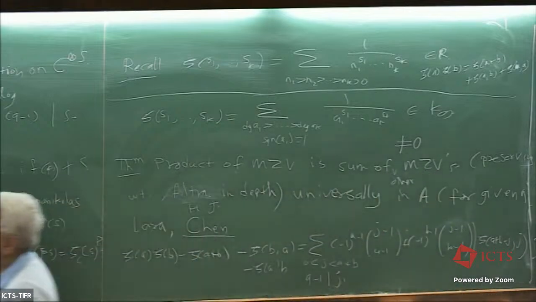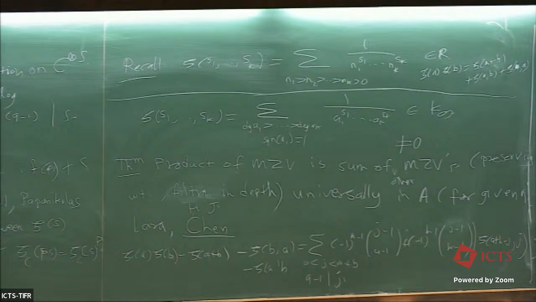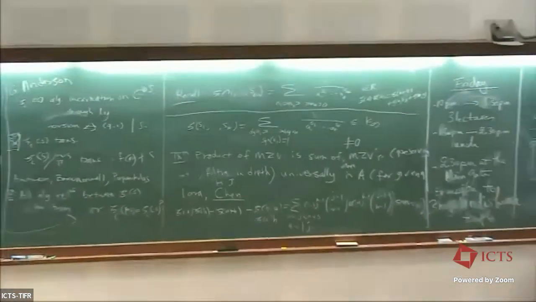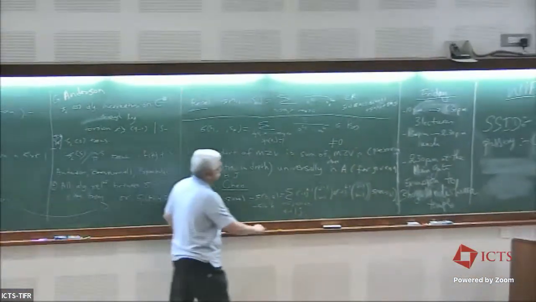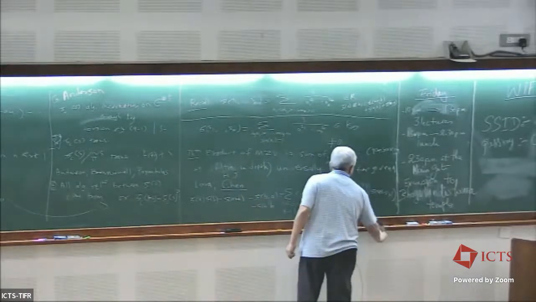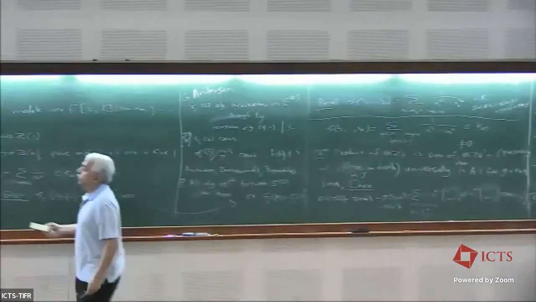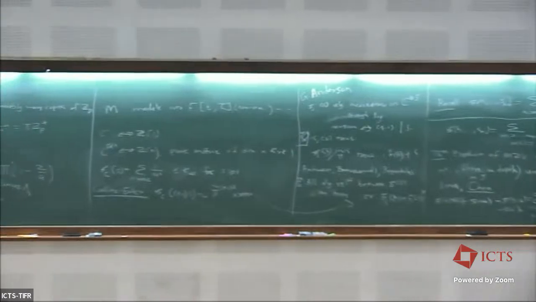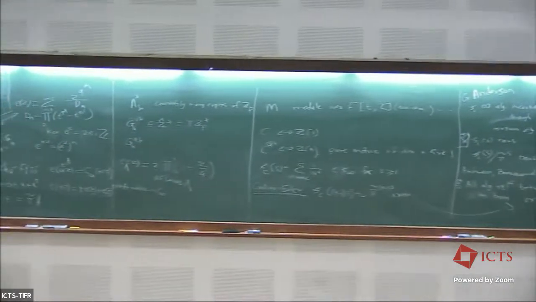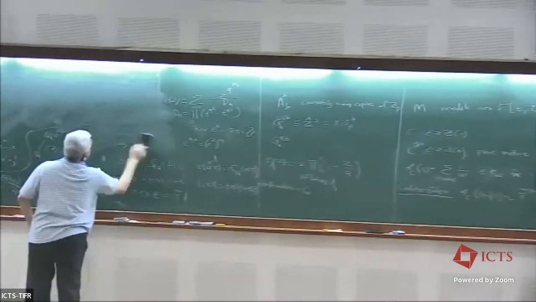Then I proved something like Euler's relation, which I will write down. So the Euler's type relation, I will call it, is now very specific to FqT.